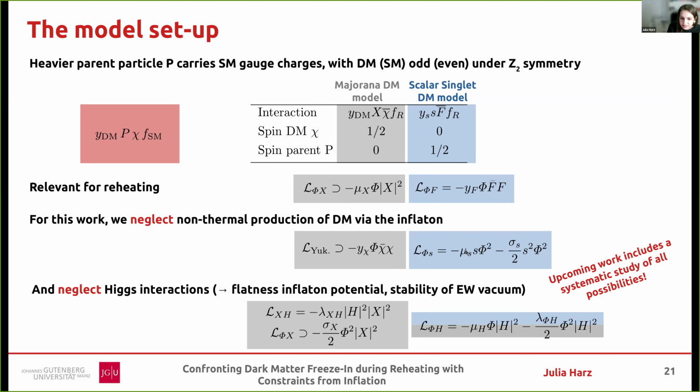But in this case, per definition, I would not have a freeze-in scenario anymore, because if I produce the dark matter from the inflaton, it would directly thermalize with the bath, and I would be in more of a freeze-out scenario. This is why we didn't look into it: per definition, we would not have freeze-in anymore.